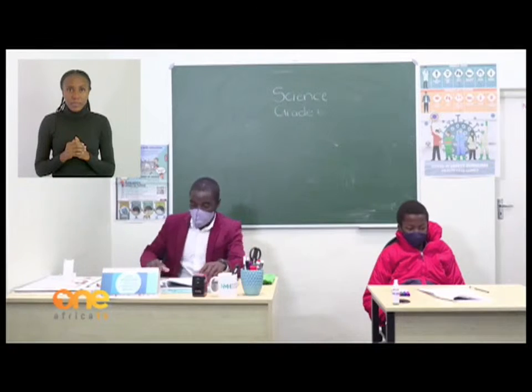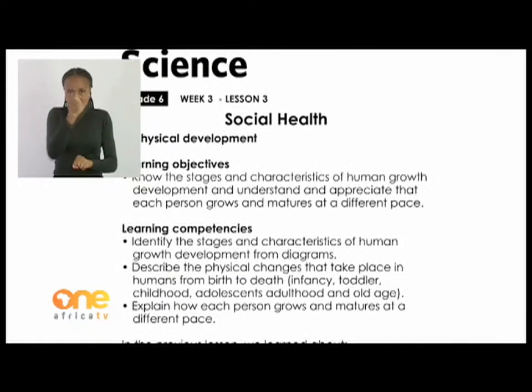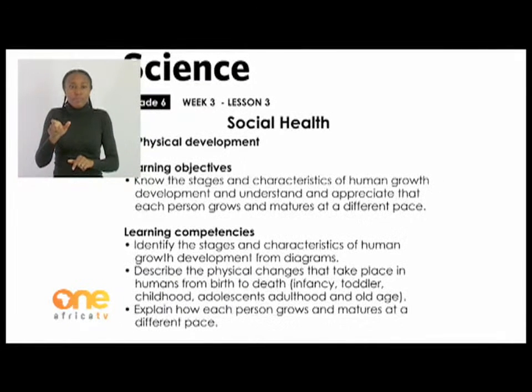Learners, let's go on page 16. Learning competencies. This is what you have to know at the end of this lesson. We should be able to identify the stages and characteristics of human growth and development from the diagrams. It means we'll be provided with the diagrams and we'll be able to tell which stage that is.